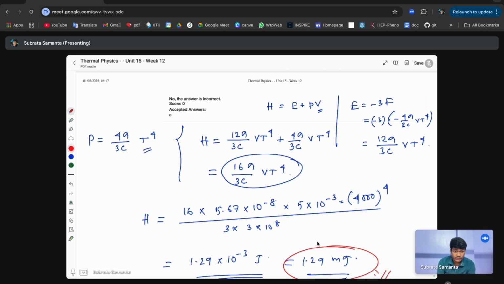In the previous class I derived those things, how energy E equals minus 3 A F, and the pressure is P. So go back to the previous class, I discussed those things. If we use this formula, we can calculate H, basically E plus PV. This becomes 16 sigma over 3 C V T to the power 4. Now put the values of the constants.